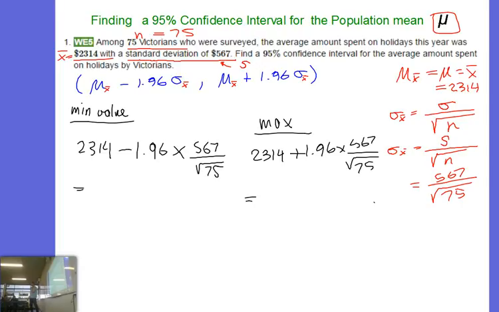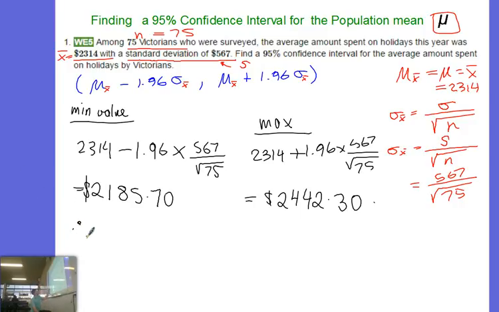Set it up on your CAS. 2,185 dollars and 70 cents as the minimum value. What kind of maximum value do we get? 2,442 dollars and 30 cents. There we go. That's the interval that we formed.